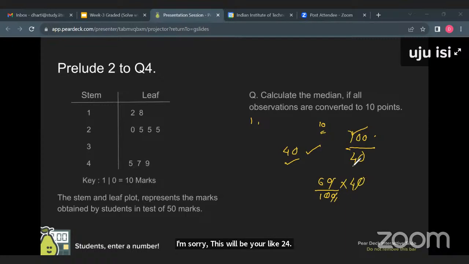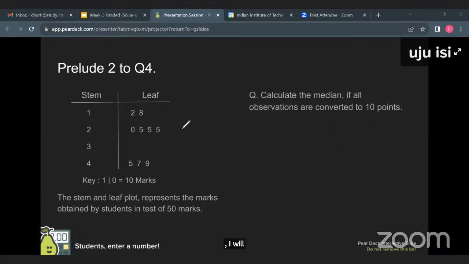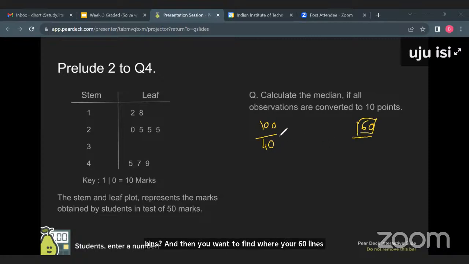So what we do, I will explain to you. We want to create the bins. How many bins? 40 bins. And then you want to find in which bin your 60 lies. So how will you create the 40 bins out of the 100 observations?